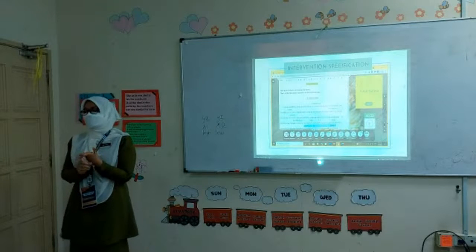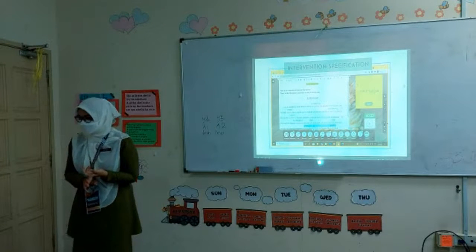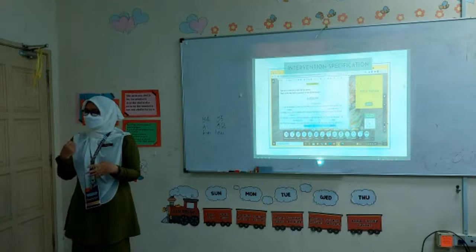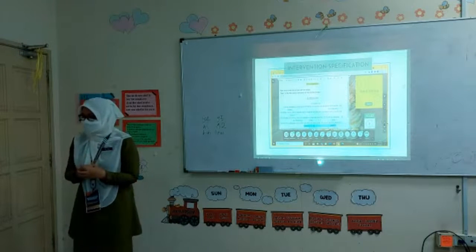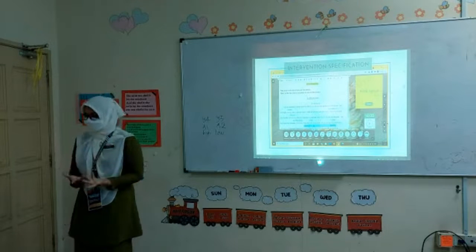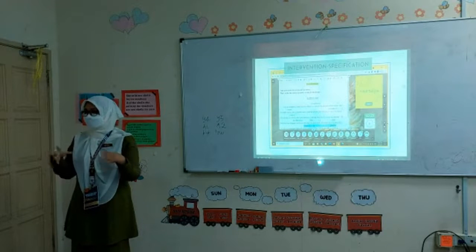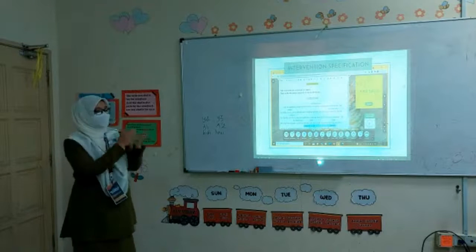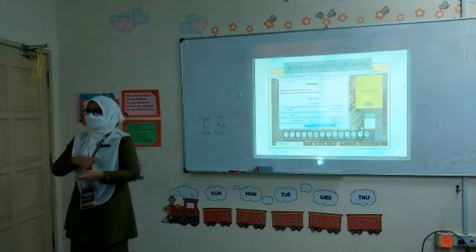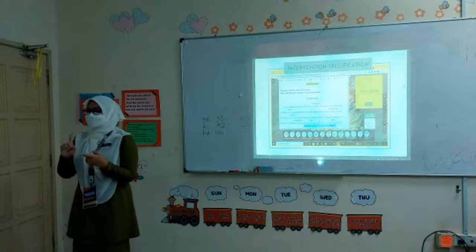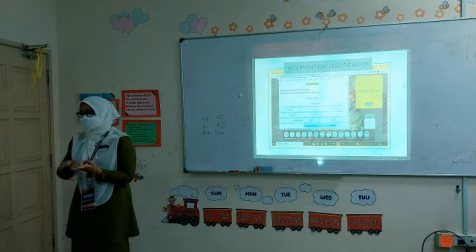Let's say if you want to focus on present continuous tense, then ask them to outline the grammar rules of the present continuous tense. Then ask them to present it to ensure that everyone understands how the grammar rules are outlined. After that, in the production stage, we give them an error identification task, which they need to do individually for a few minutes.